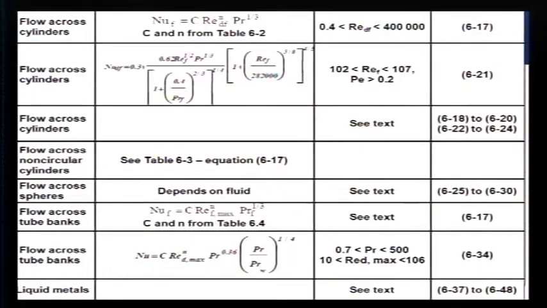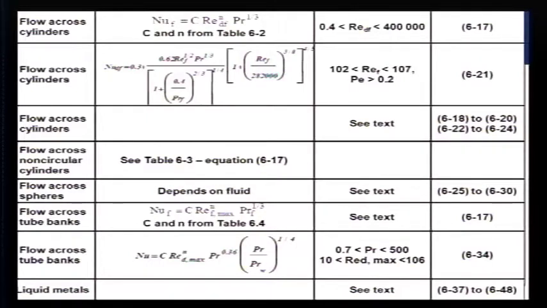Then we'll deal with the flow across a family or a number of rows of cylinders in a minute. If the cylinders are non-circular, again we need to do something about it.